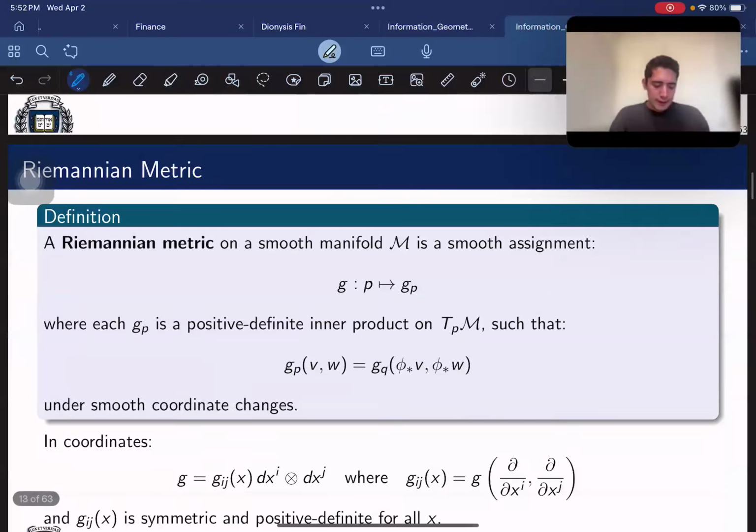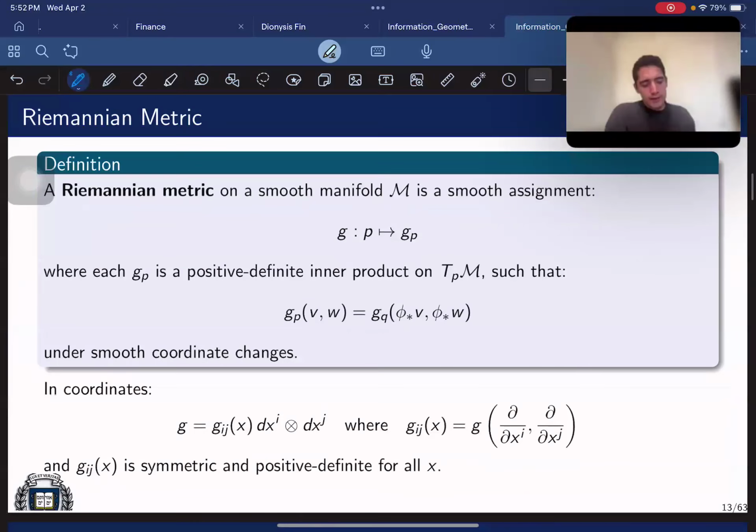And then we define the Riemannian metric, which is essentially the definition of inner product between two vectors. And the great thing that enables us to use Riemannian geometry on the space of probability distributions is that the inner product is dependent on the point, at each point.